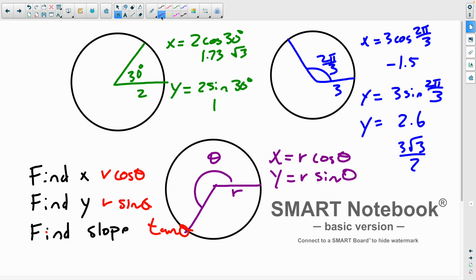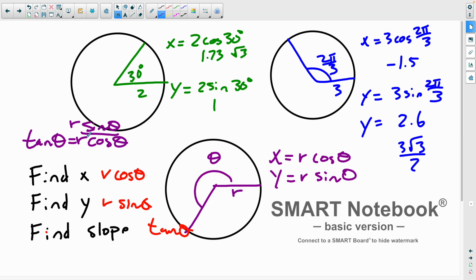Because what we were doing the other day, we said tangent of theta is equal to sine over cosine. It's kind of how we started the other day. This would be r sine theta over r cosine theta, and the r's would cancel.